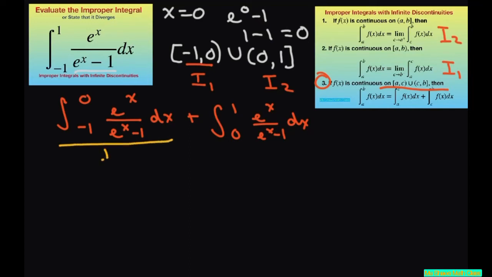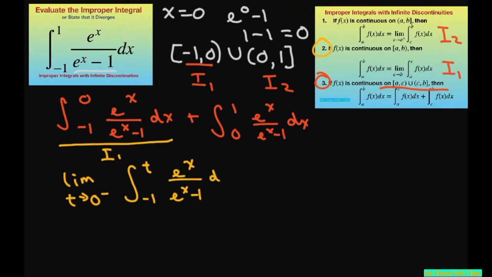We're going to have the limit as t approaches 0 from the left, and our integral is going to be from -1 to t of e to the x divided by e to the x power minus 1 dx.